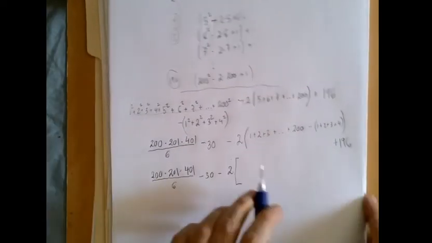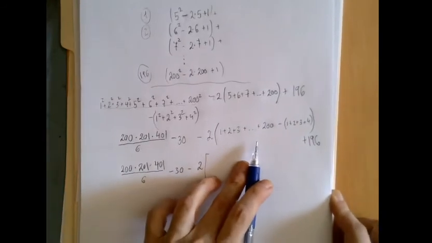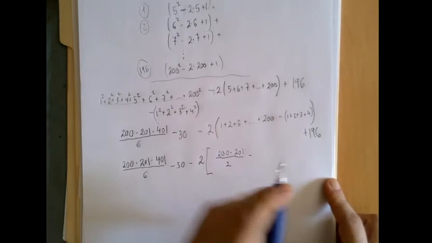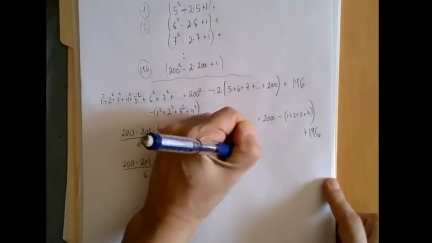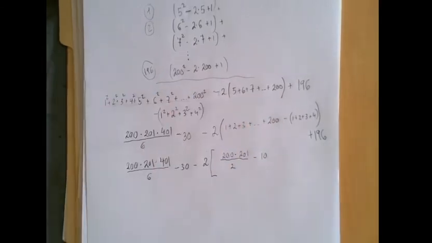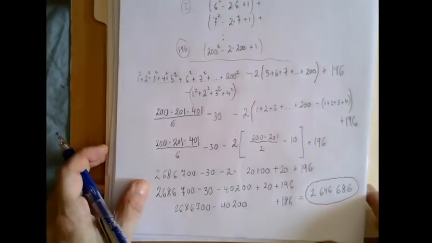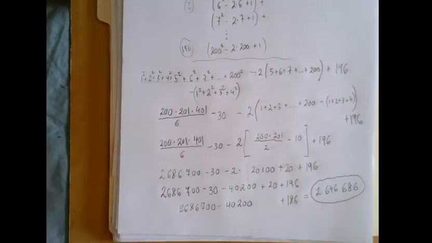Okay, so the formula for the sum without the squares is n times n plus 1 over 2. n is 200, so it's 200 times 201 over 2 minus, this is just 10. 1 plus 2 plus 3 plus 4 is just 10. All right, we're getting there. So we're getting 2,646,686.